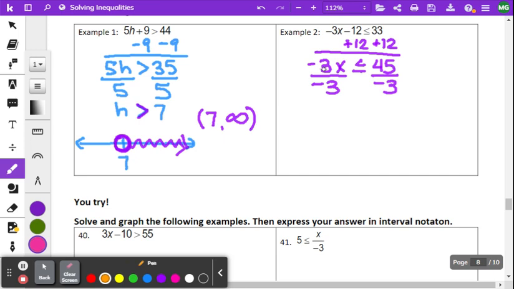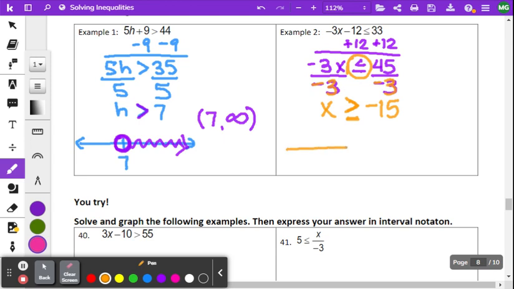Because when we divide by a negative, we have to reverse this symbol. So this symbol will become greater than or equal to. So we get x is greater than or equal to negative 15. Okay, so because we divided by a negative, we reverse the symbol.